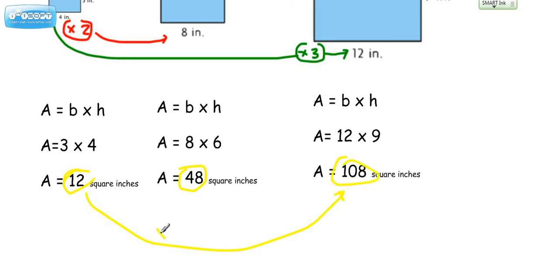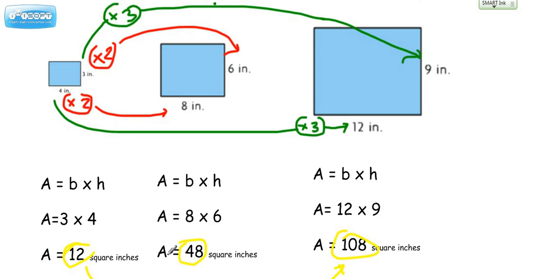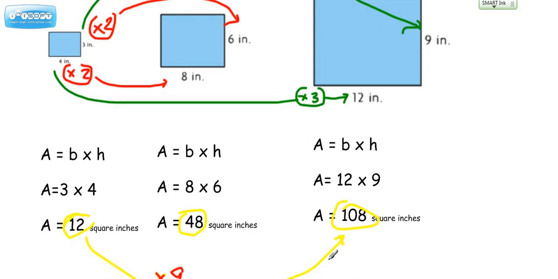Multiply it by what? And wouldn't that multiplier be 9? Isn't 12 times 9 108? Now it's not a coincidence that if I were to square these two things, I would get 9. So in other words, the area is affected by being multiplied by 9.